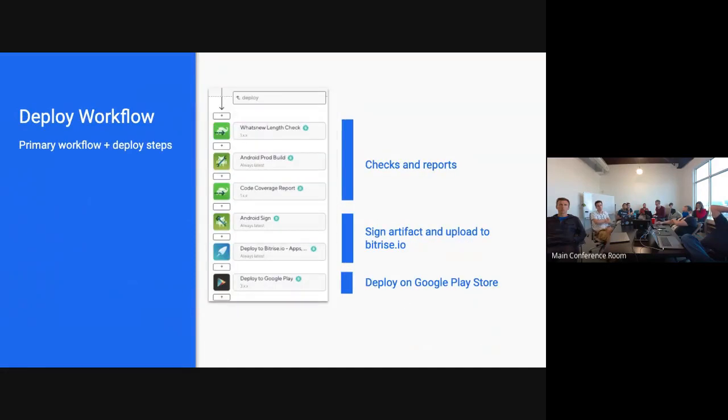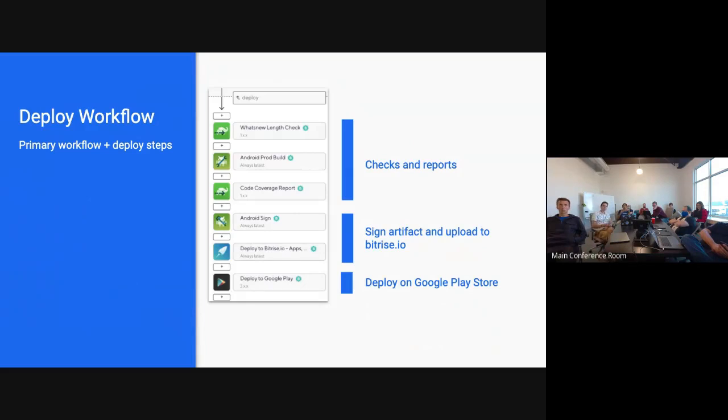So the deploy flow is basically some more steps after the primary workflow. We do all of the above, and then we do the what's new length check. Basically there is a limitation on what's new text that can go in the Google Play Store, so that is that check. Then we build a production Android application.